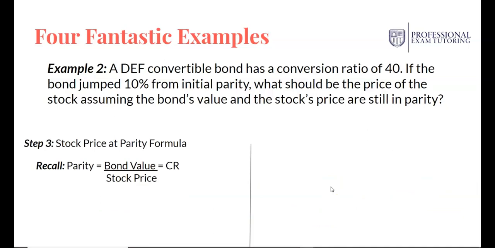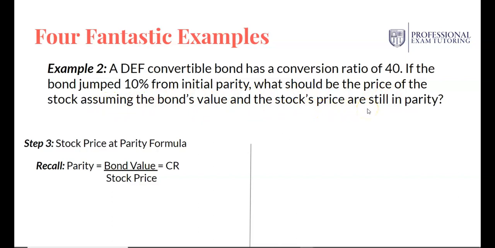Okay, so at this point we know that the bond, after it's gone up 10% from initial parity, is worth $1,100. But the question is, what should be the price of the stock, assuming the bond's value and the stock's price are still in parity?